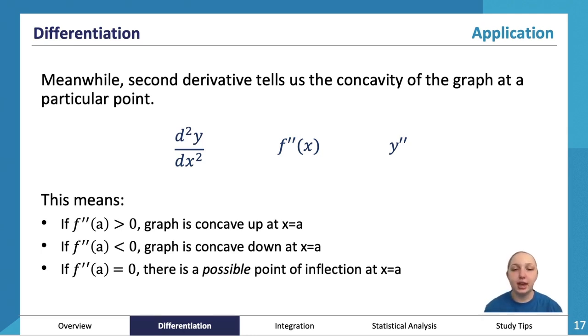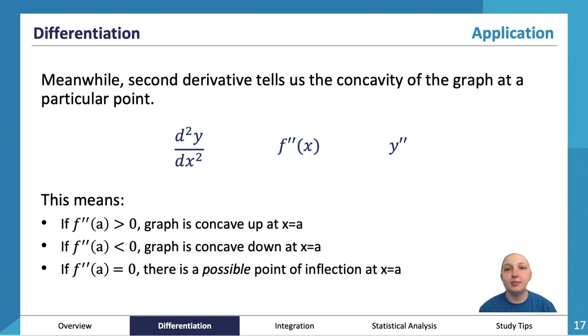If f double dash a is less than 0, your graph is going to be concave down. And if f double dash a is exactly equal to 0, there's a possible point of inflection. We will in a little bit talk about the use of the word possible, so don't worry about that just yet.